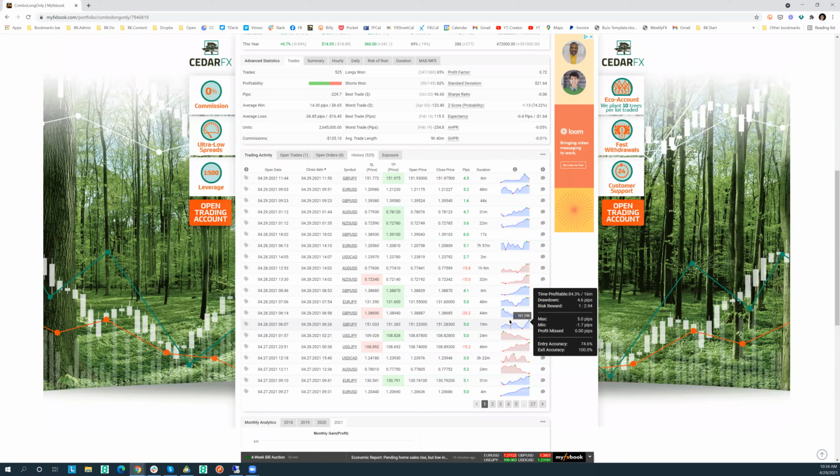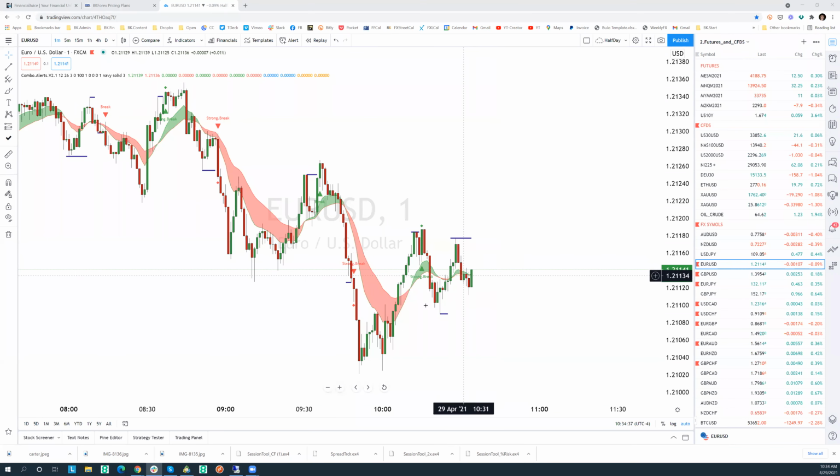Anyways, I do have my Eurodollar configured to the upside, but I will turn it off if it starts to break back down, because it hasn't really shown a move. If it takes out the highs here, then we have a real trade, and we may have a chance to get up.